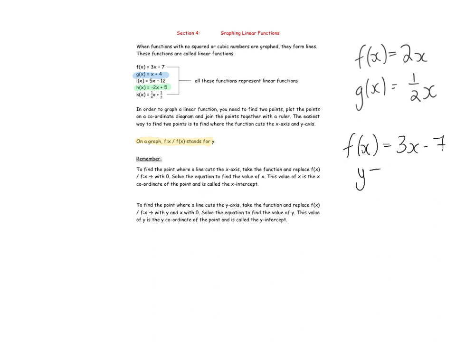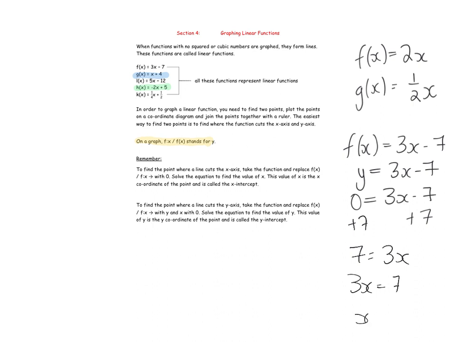Remember that we can rewrite this as y is equal to 3x minus 7. Y is 0, so this becomes 0 equals 3x minus 7. I'm going to add 7 to both sides, so we get 7 is equal to 3x. I'm going to leave this as 3x is equal to 7, so then x would be 7 over 3. So where this line cuts the x-axis is 7 over 3, 0.